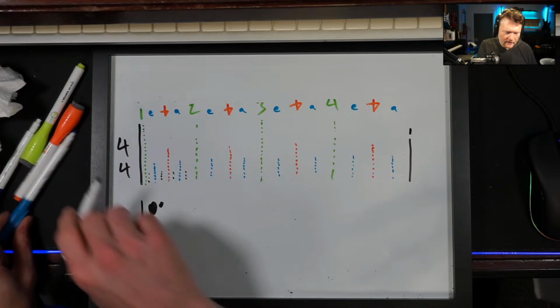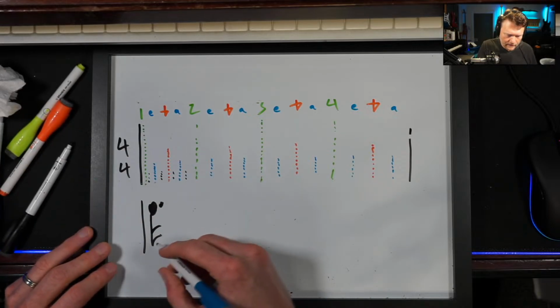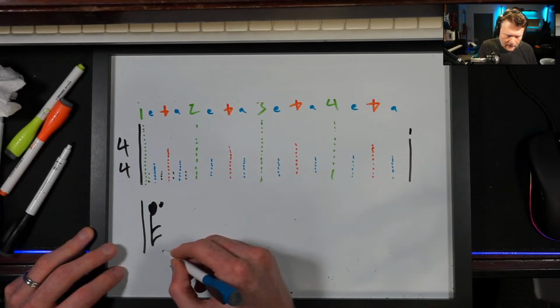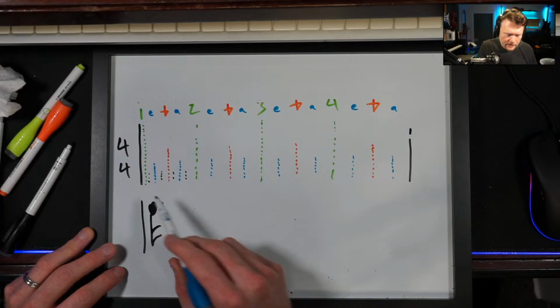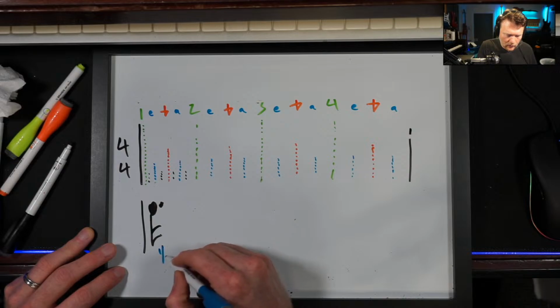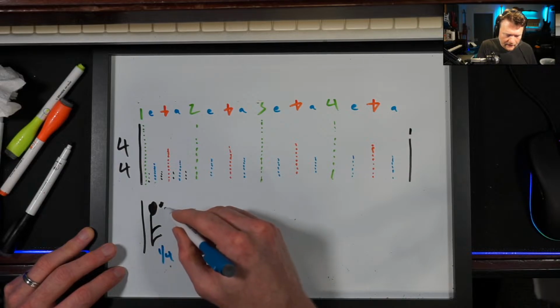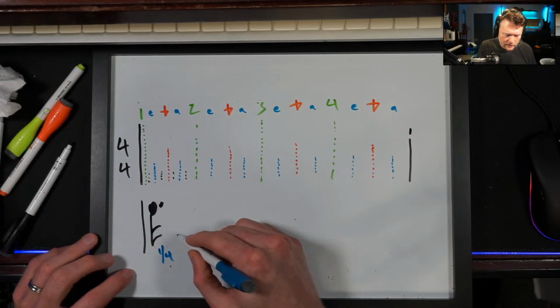So in other words, if we have a 16th note with a dot on it, the 16th note is already worth 1/4 of a beat. And then the dot is going to be worth 1/2 of that quarter, so it's worth 1/8 of a beat.